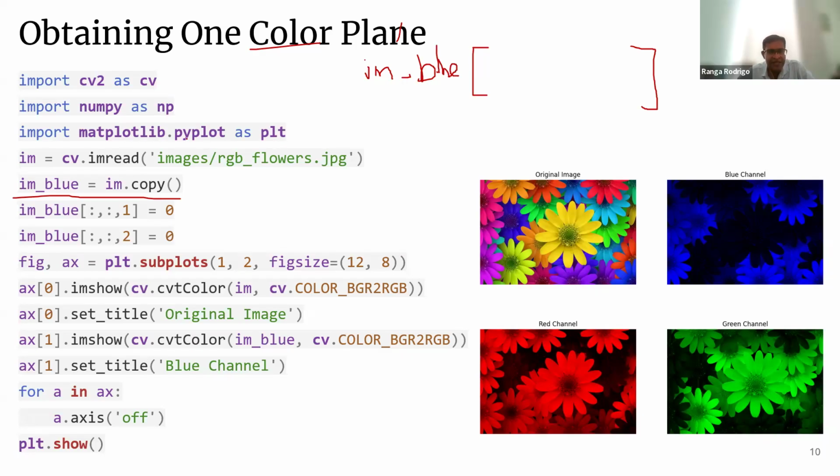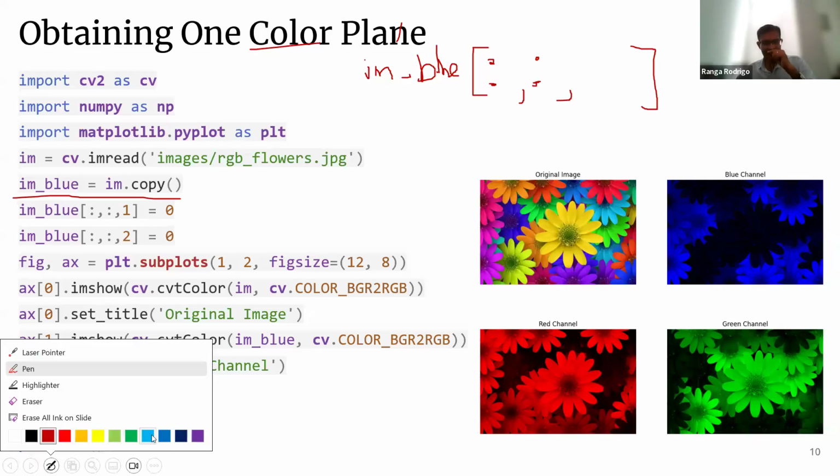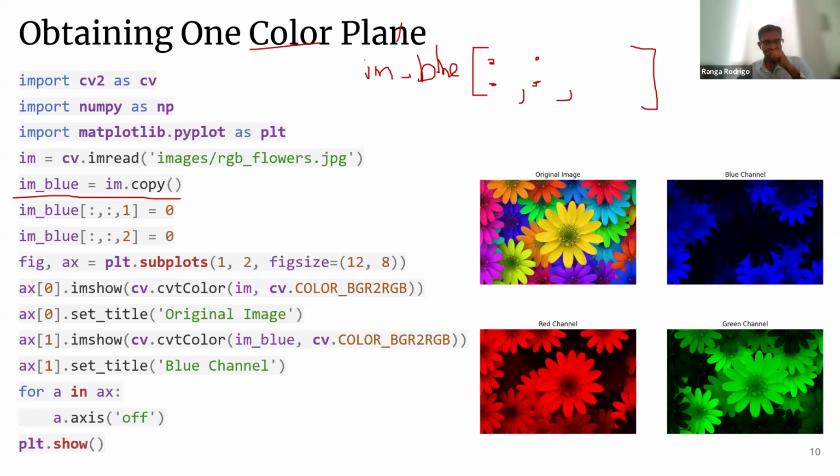So each of these coordinates can be accessed. If I put a colon, I'm saying all the rows. If I put a colon here, I'm saying all the columns, right? So what am I saying here? All rows, here all columns.